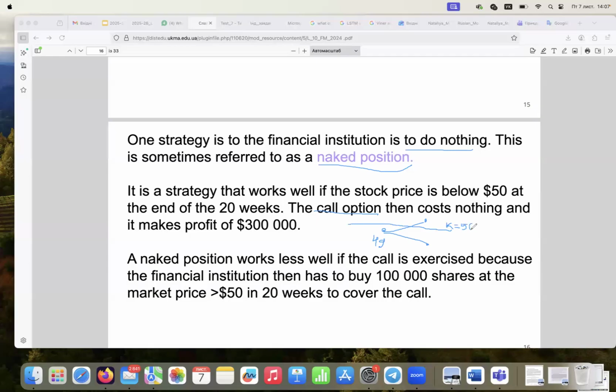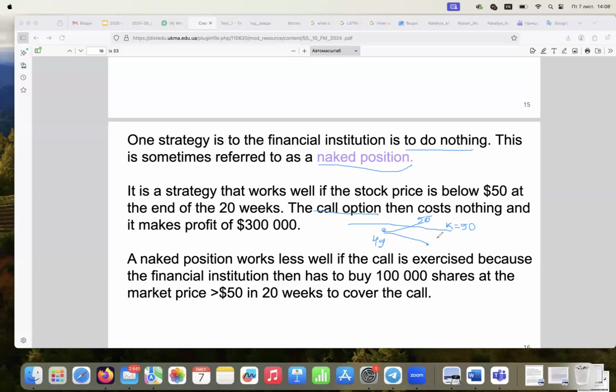We need to consider these two scenarios. So for this strategy, if the stock price is below 50 at the time of maturity, in this case the call option costs nothing.